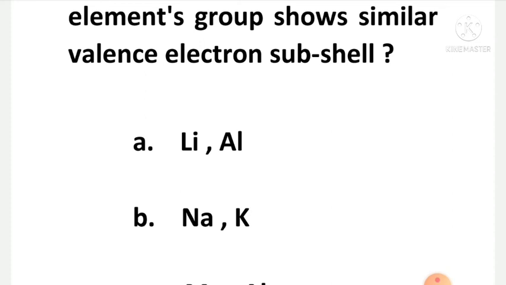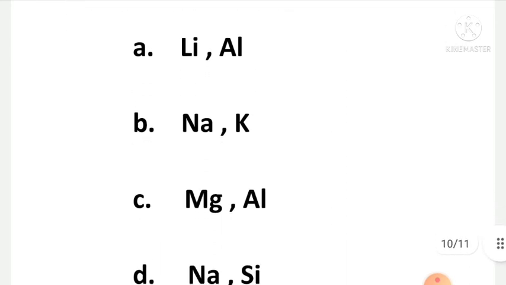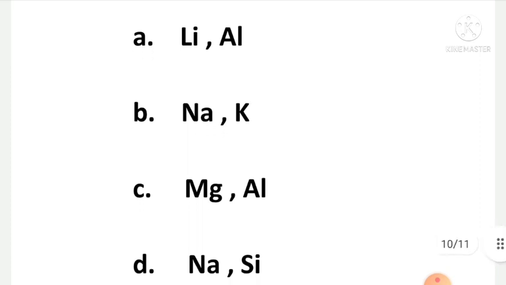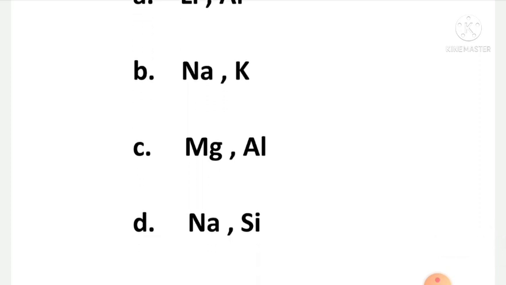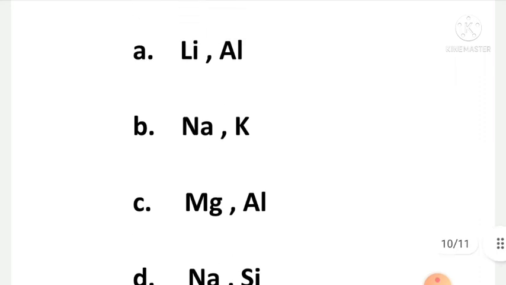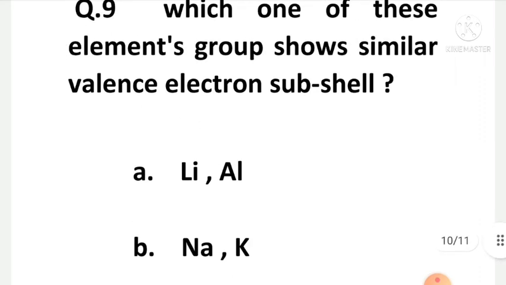Options: A, lithium, aluminum. B, sodium and potassium. C, magnesium and aluminum. D, sodium and silicon. So first we have to calculate and then derive the similar valence electron subcell. You have to choose the valence electron subcell, so you can get the correct answer.